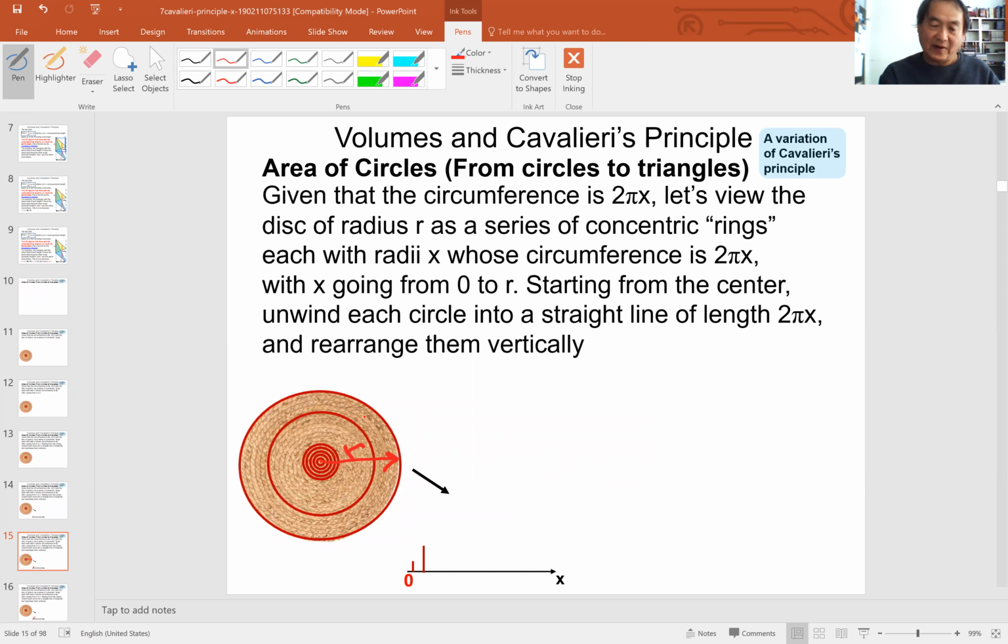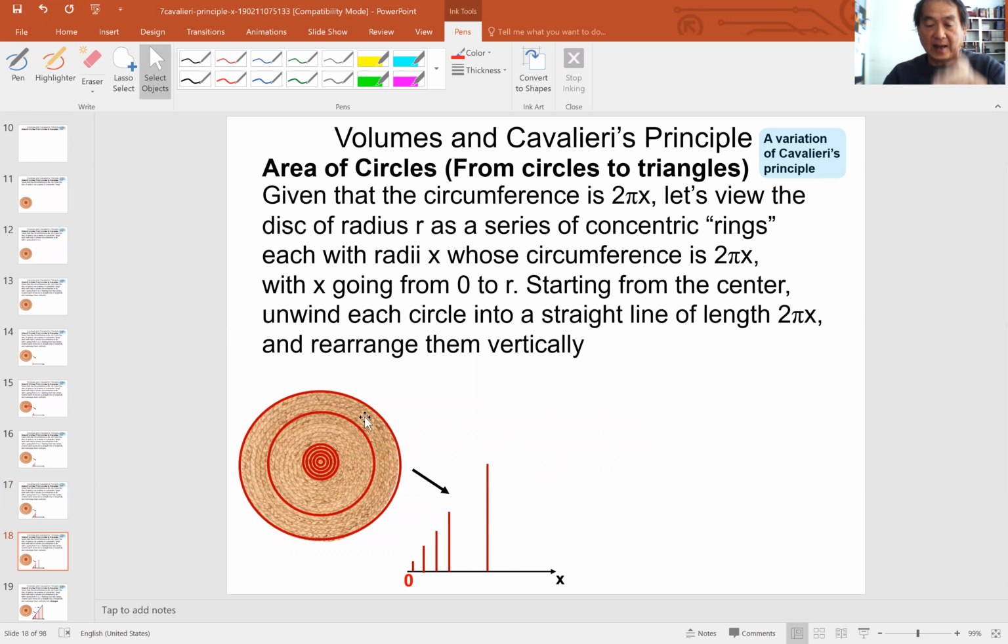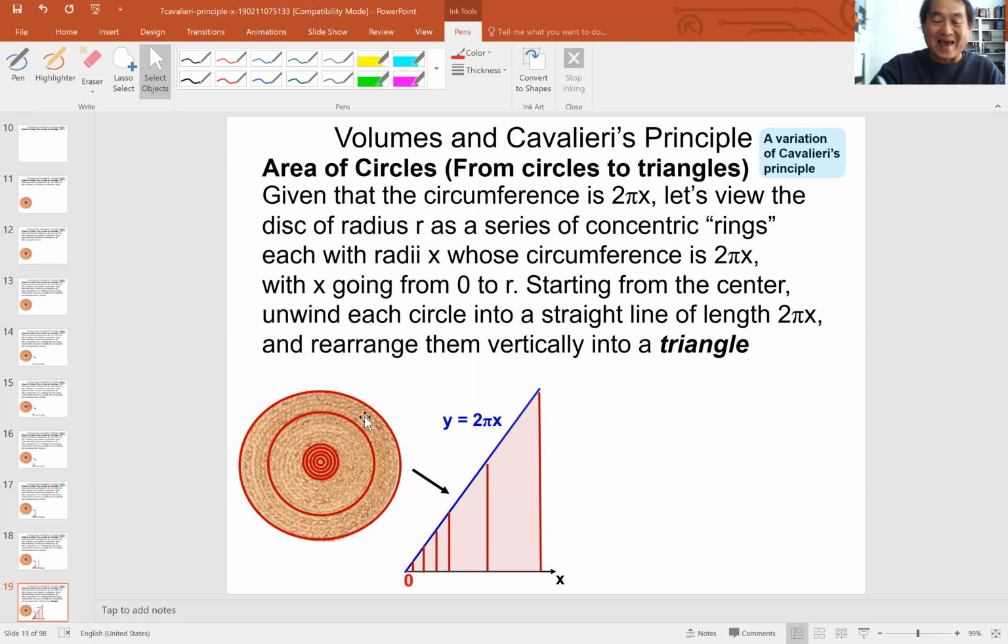I view this as very thin strips of circle, each having delta x as the width. I straighten that out, and that's a circumference, 2 pi r. I stack all those lines together, and that's the total area. If I stack them together, the boundary line is going to be 2 pi x.